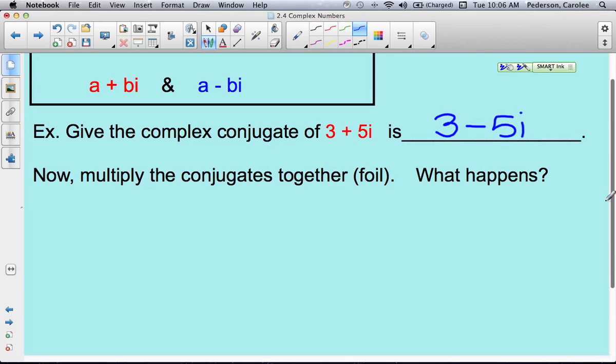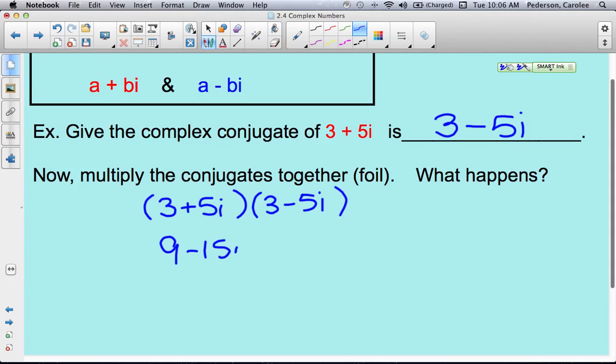So if I take 3 plus 5i times 3 minus 5i, and I FOIL, I get 9, negative 15i, plus 15i, and then negative 25i squared. Those middle terms will always cancel out.